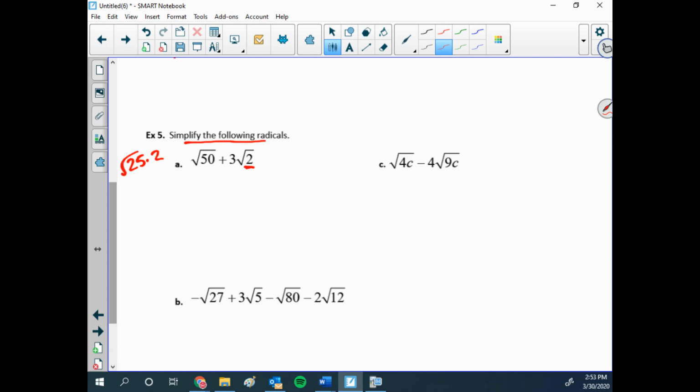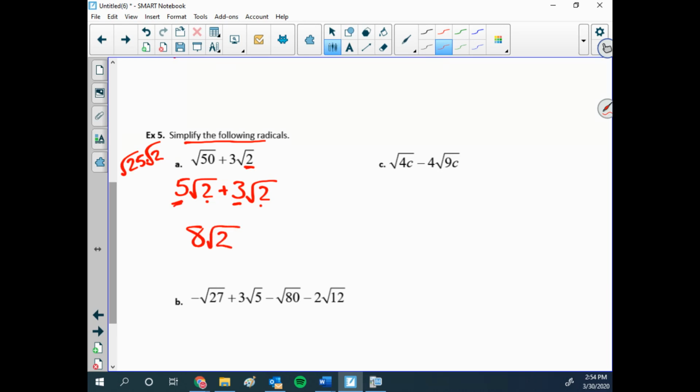So when I take the square root of each of those, that would become 5 root 2 plus 3 root 2. So I can change my entire radical into a mixed radical. Then if the radicands are the same, all I do is add my coefficients together, and the radical will stay the same: 8 root 2.